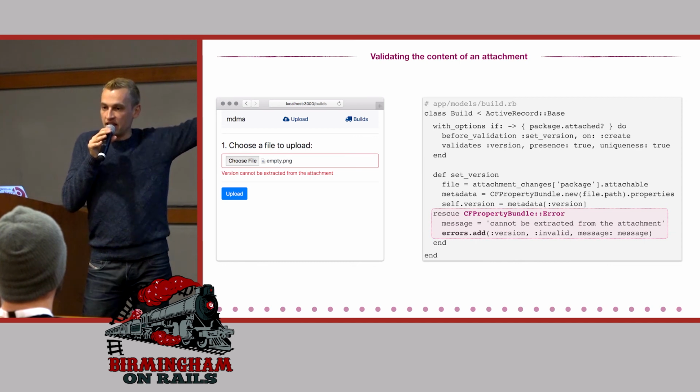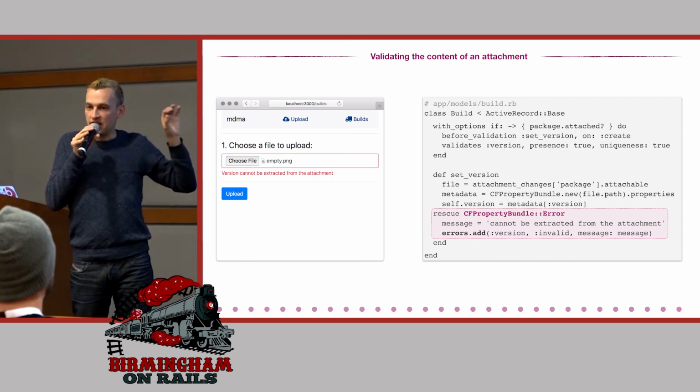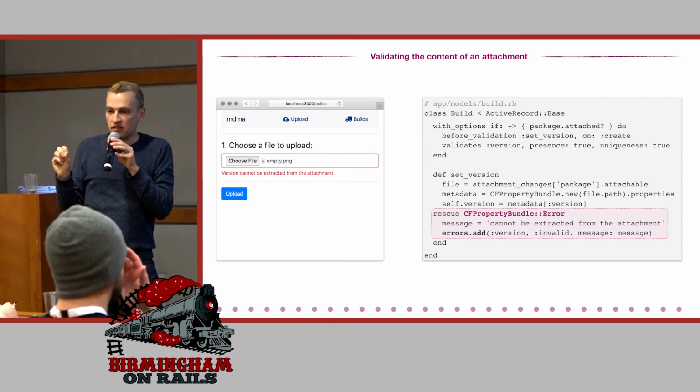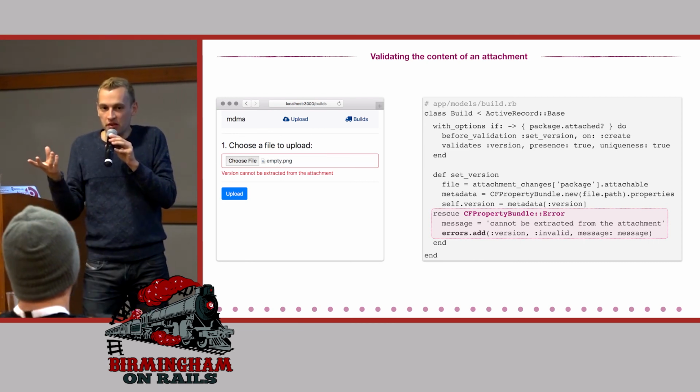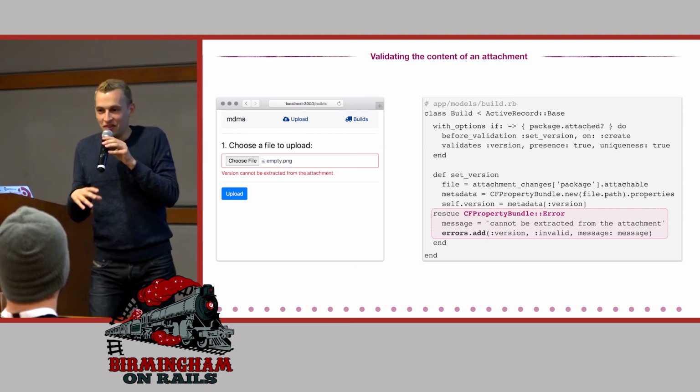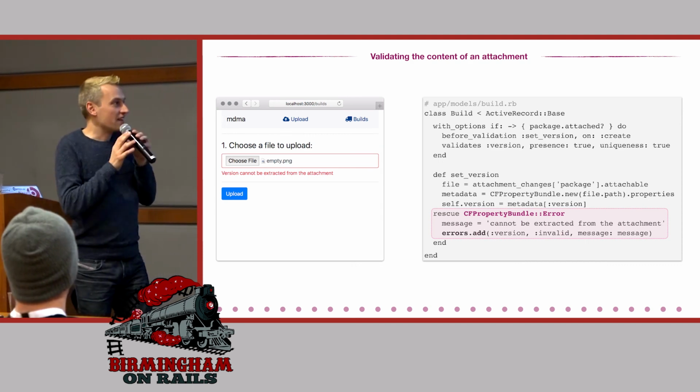Here, we're preventing that. Here, we're just putting some sort of validation based on the content. It's a very small one. Let's try to open it and extract the version, but it's really the minimum that you need to make sure that it's that file and not, I don't know, an executable or an image or something like that.